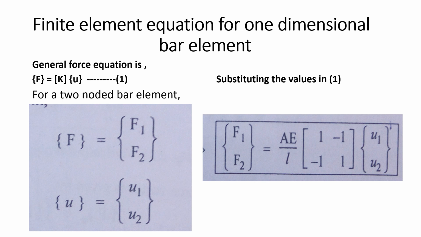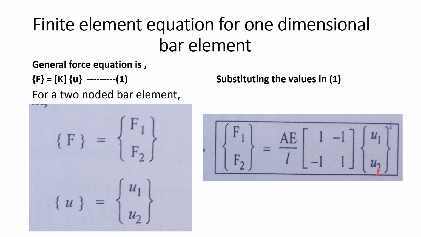For a two-noded bar element, F will become F1, F2 in braces and U will become U1, U2 in braces. Then, substituting the values in equation number 1, it becomes F1, F2 in braces equal to AE by L into the stiffness matrix into U1, U2 in braces.